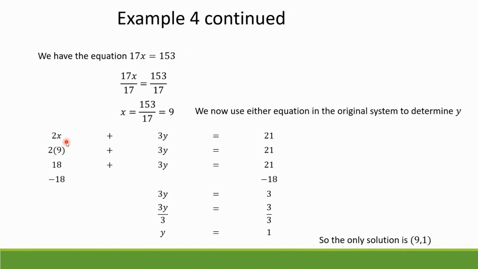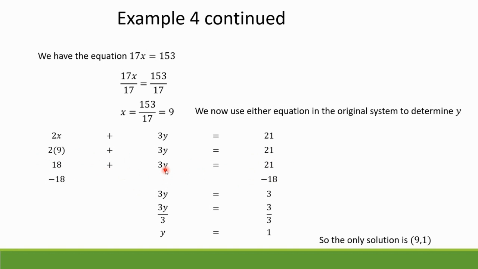When we put x in here, what happens? Then x is now gone and we get an equation in one unknown. So we get 2 times 9 plus 3y is 21. And 2 times 9 is 18. We subtract, because now we have an equation with y as our only unknown. So we solve for that.